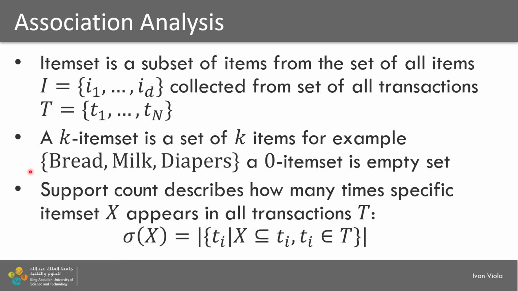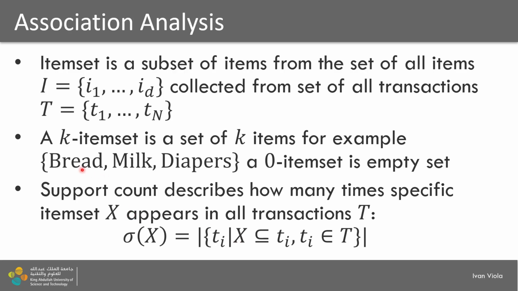We have for our item set something which is called the support count. The support count describes how many times a specific item set X appears in all transactions, which is expressed by this sigma of X, where we go through all transactions and look at how many times this item set appears.